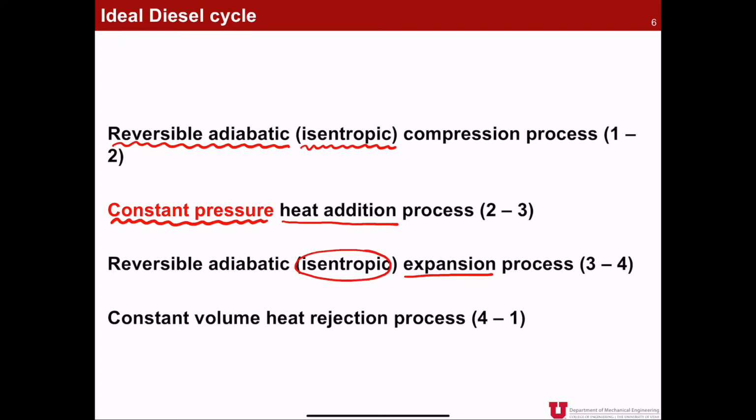Then we have a heat rejection process, but even for the diesel engine, we should have exhaust blowdown. So the heat rejection process itself is exactly the same as the ideal Otto cycle, which is a constant volume heat rejection process. So we have 1, 2, 3, and 4. Now, based on these 4 processes of the ideal diesel cycle, can you draw the PV diagram and TS diagram?